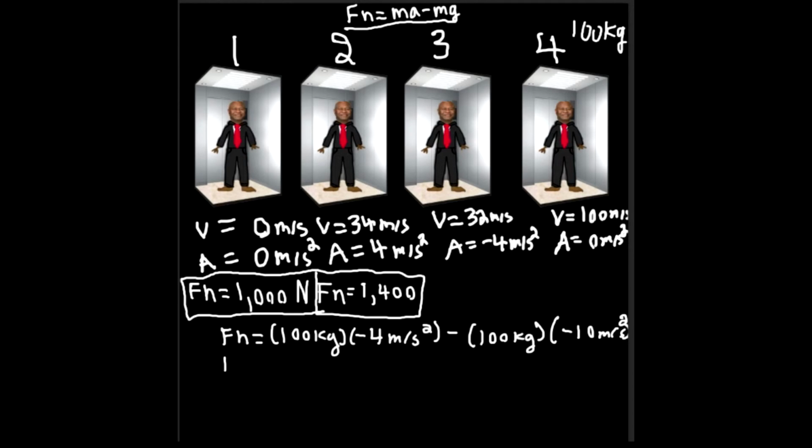So the normal force is equal to negative 400 newtons minus negative 1000 newtons. So the Fn in this case would be 600 newtons, because negative 400 minus negative 1000 would be the same as negative 400 plus 1000.